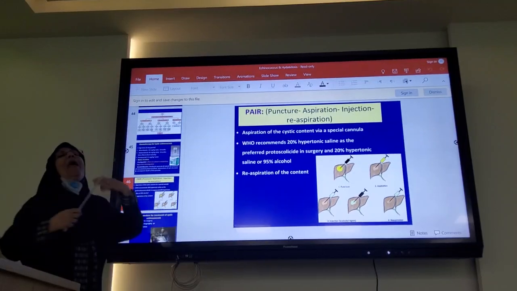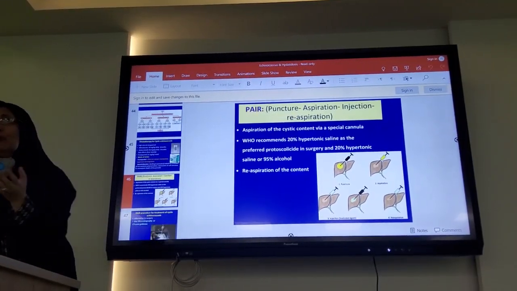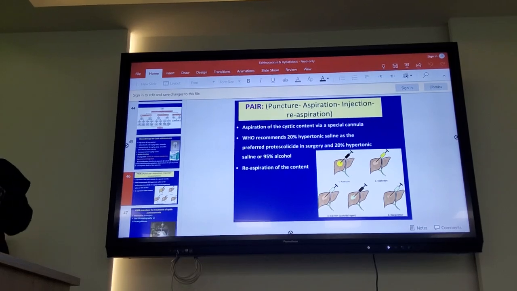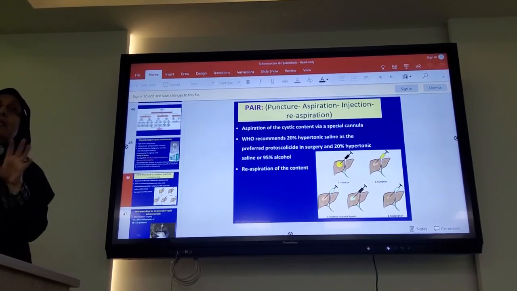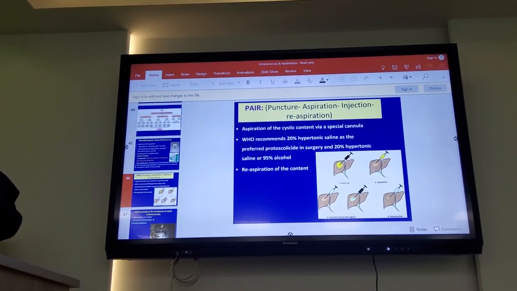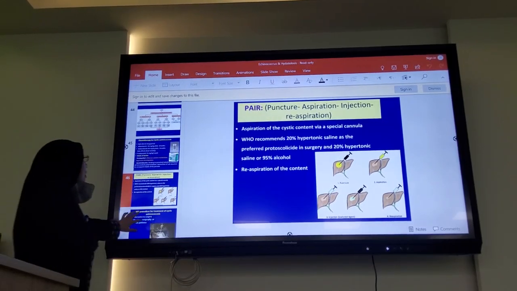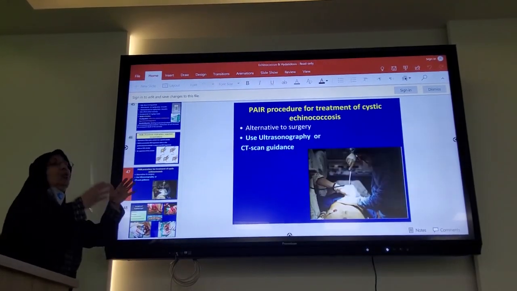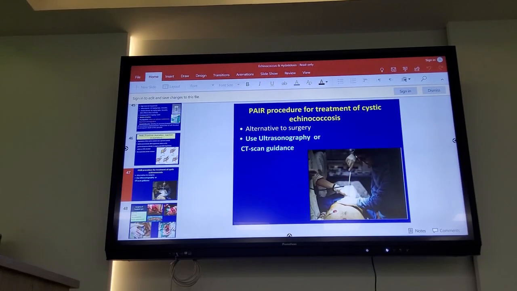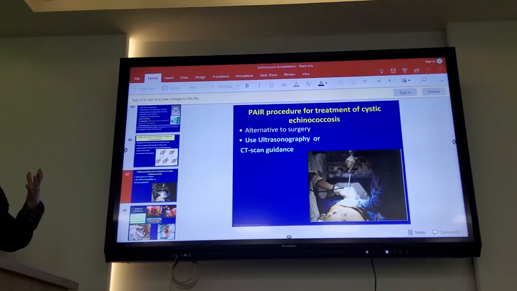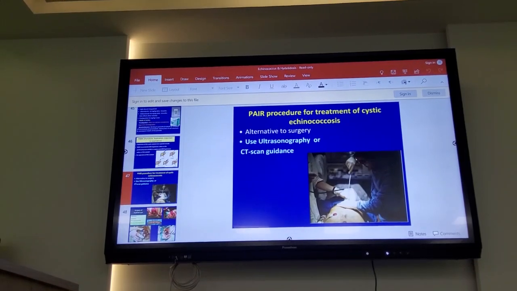So it is called the PAIR method. The PAIR method can replace surgery. It can in many cases avoid side effects like anaphylactic shock and secondary cysts. But sometimes the cysts are too large, or they are in the brain, in a part of the body which cannot be reached through PAIR.